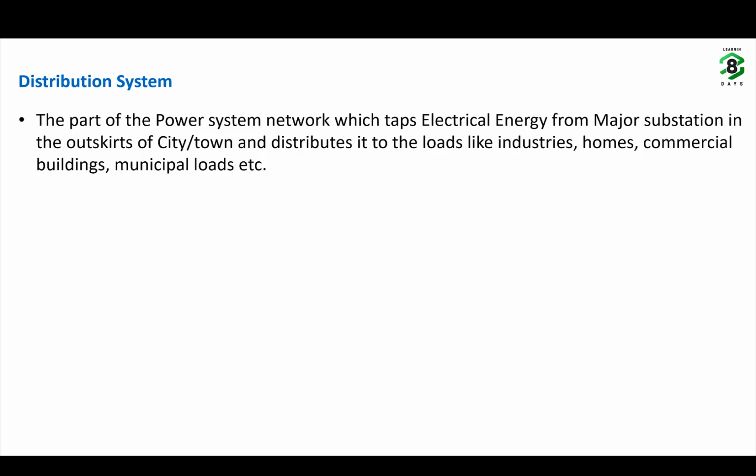From there, the electrical energy is tapped and distributed to the different loads like industries, household loads, commercial buildings, apartments, etc. So basically it distributes the electrical energy to the customers.